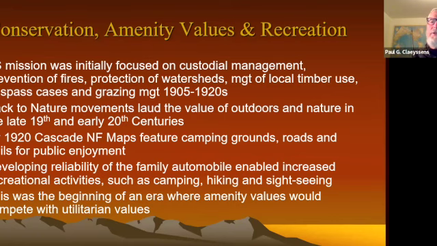And then after World War II, you've got the boom in the family automobile, which is becoming very reliable compared to the pre-Depression era. And so people had a little bit more time and in some cases money. And so there was a different interest in the natural environment, and particularly in terms of recreation in this area in the high Cascades.